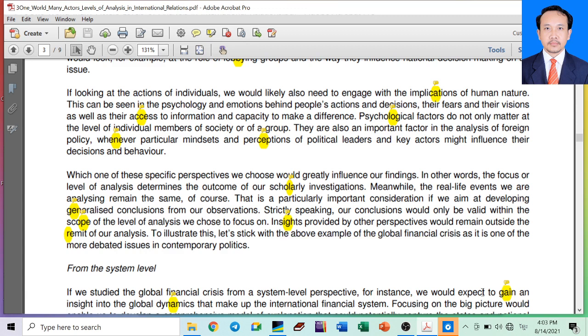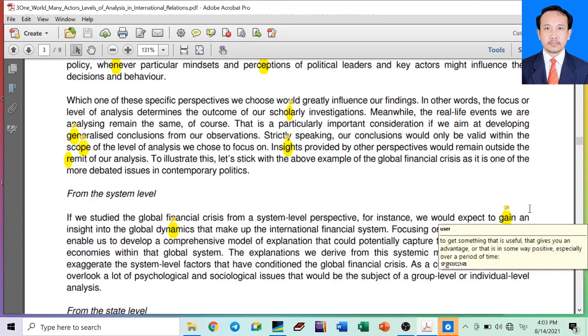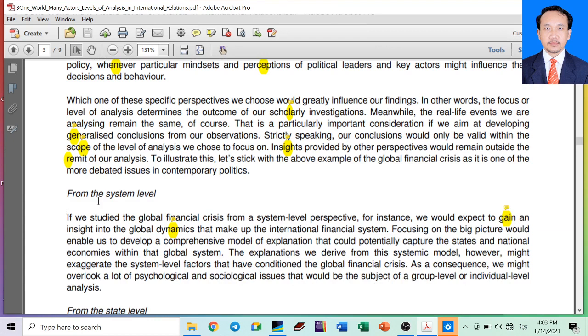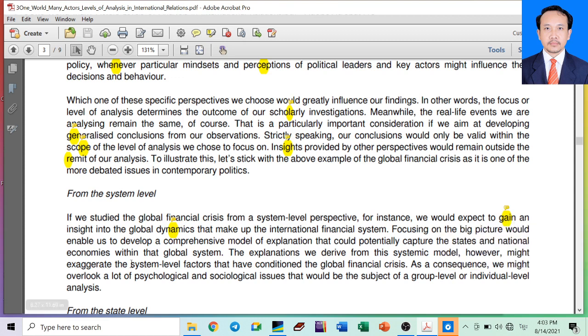The next word is from the system level. Gain: to get something that is useful, that gives you an advantage, or that is in some way positive, especially over a period of time.